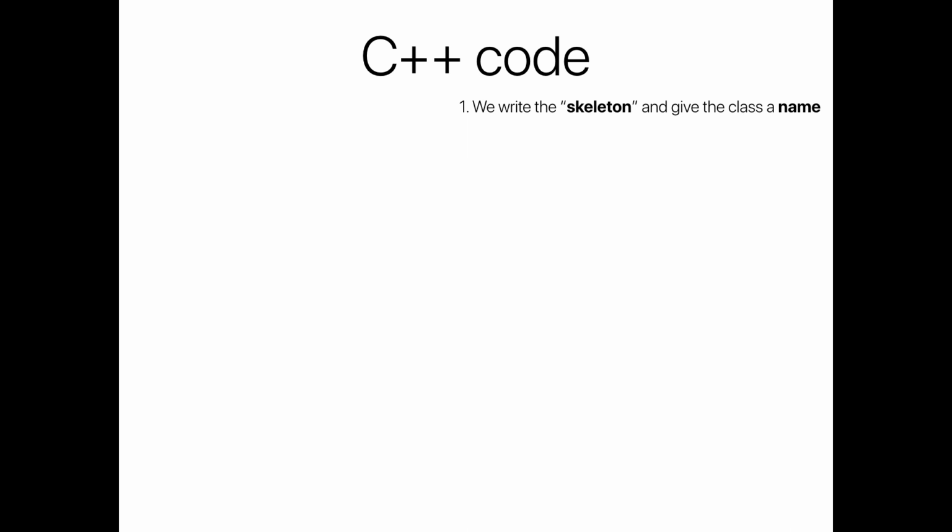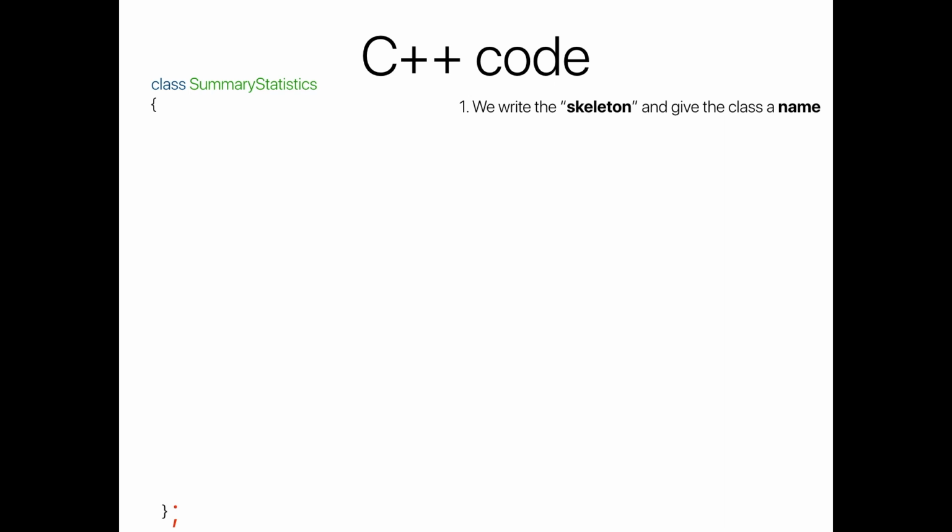So first we need to write the skeleton and give the class a name. To do this, we use the class keyword followed by the class name and open and closed curly braces. And make sure to put a semicolon. I always forget about the semicolon.